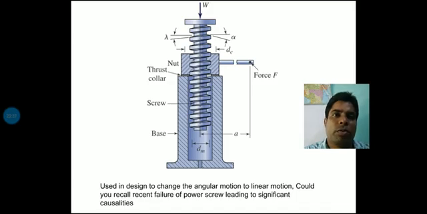Above the screw there is a thrust collar, and on the uppermost portion a knot is attached at a certain angle. In the right hand portion of the figure there is a small hollow portion, which is the spindle portion.